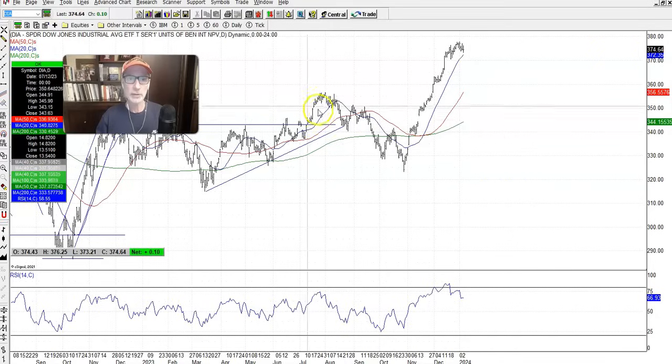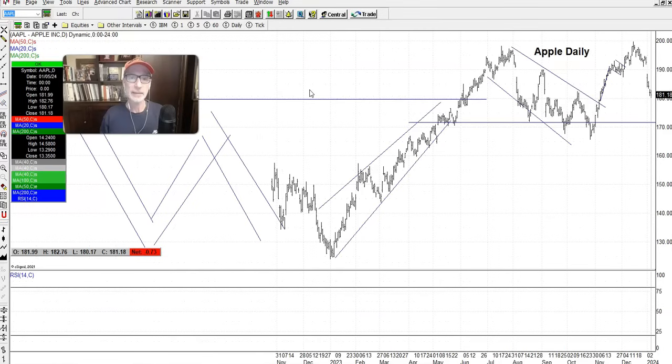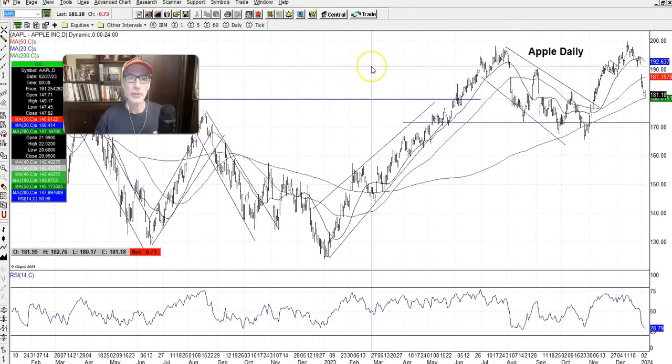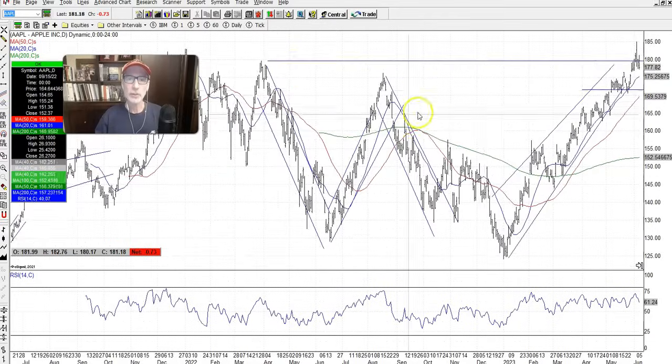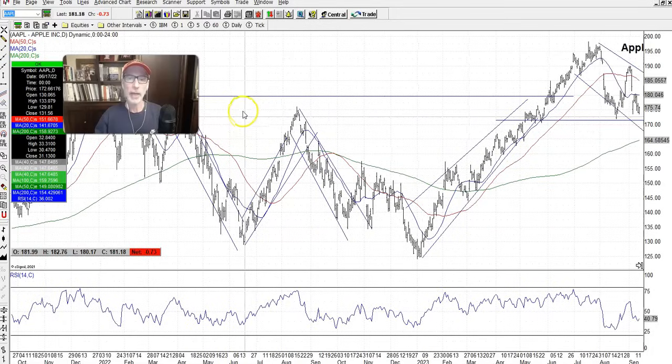So let's start looking at some individual stocks as we typically do. We like to look at some of the bigger stocks, the more popular stocks, and these happen to be mostly NASDAQ stocks. So we'll run through maybe 20 stocks here. Now, this is Apple, one of everyone's favorites. You can see this W pattern, which is just a number of channels that Apple had.